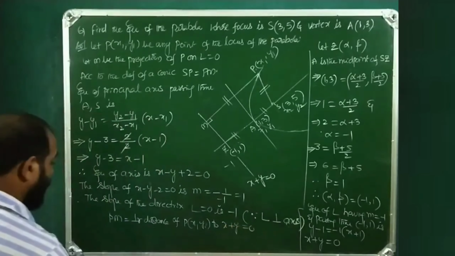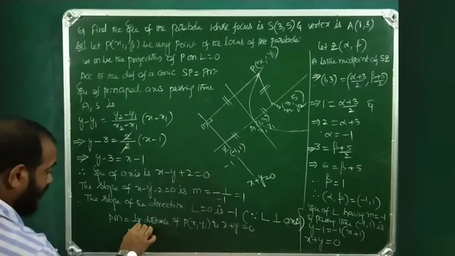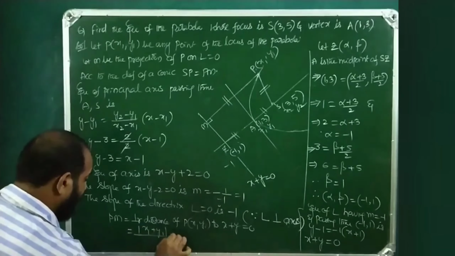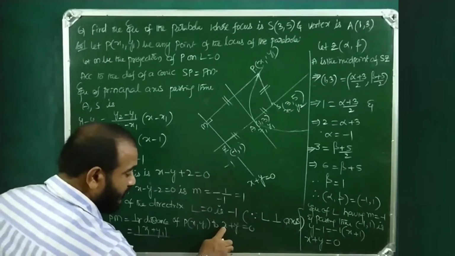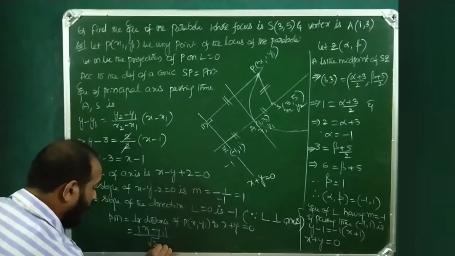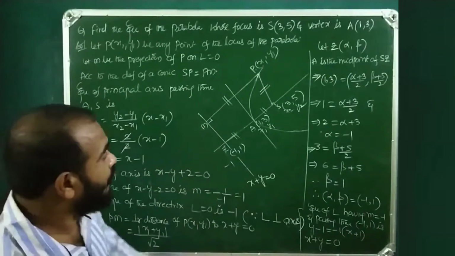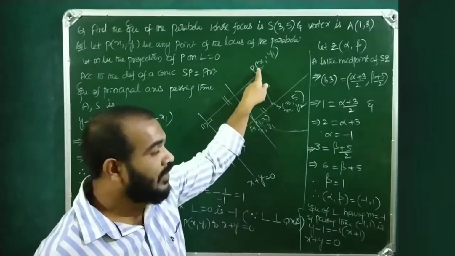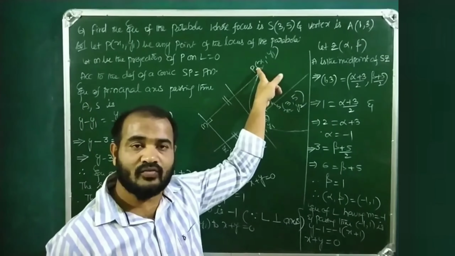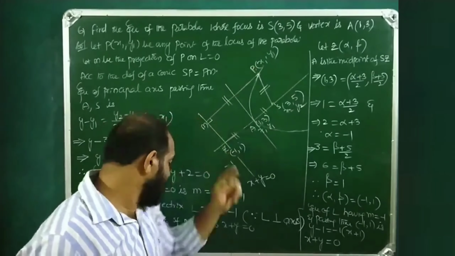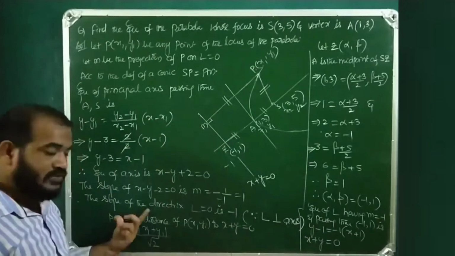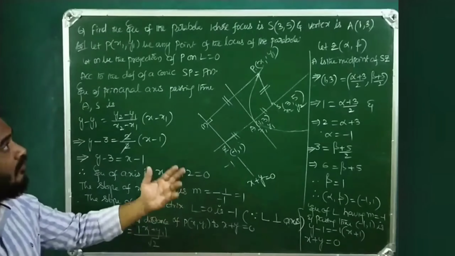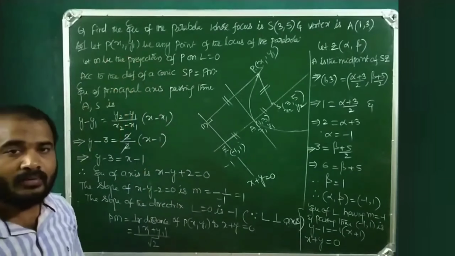That is PM equals modulus of x1 plus y1 by the square root of the square of the coefficient of x plus the square of the coefficient of y, so root 2. Therefore, we have SP, the distance formula between S and P, the root of x2 minus x1 whole square plus y2 minus y1 whole square, equal to PM. If you square on both sides, we will get the equation of the parabola.